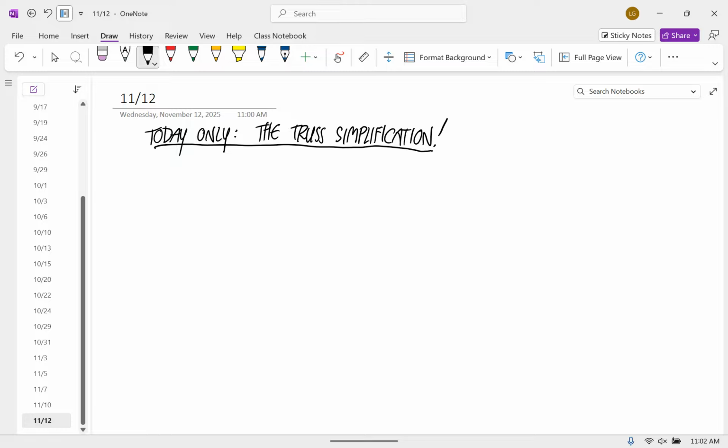This simplification is based on the idea of a two-force member. So first we have to understand what a two-force member is. And you might guess that it's a member with two forces on it, and that's correct. So it's a good name in that sense.